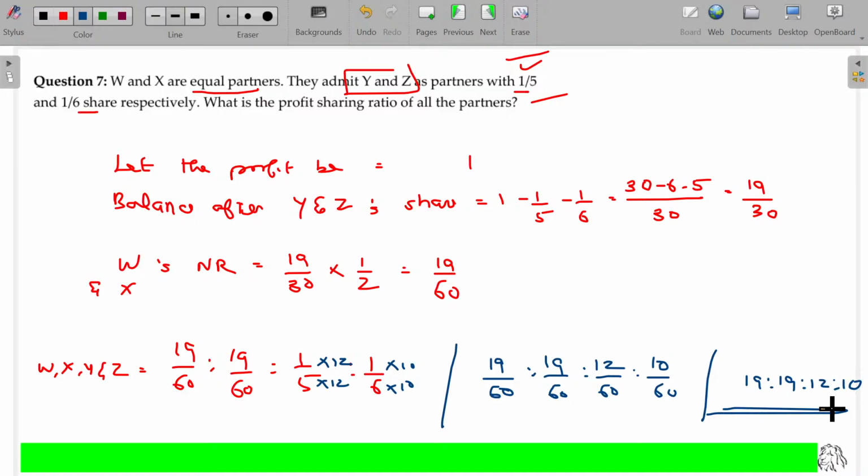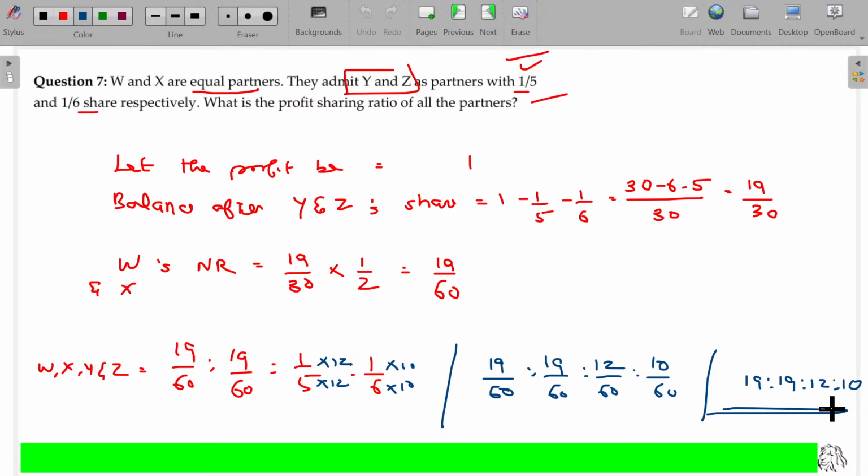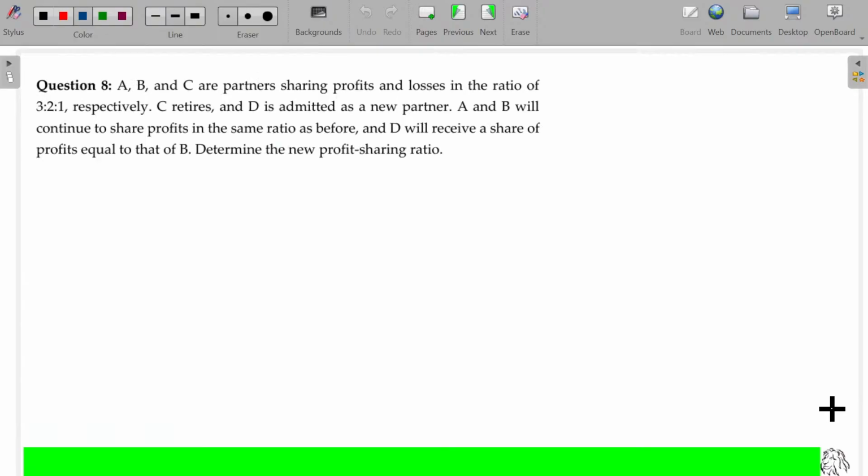Hope now you'll be able to understand all these things. So with that we have completed the ratios, and we'll move on to one more last illustration. With that we'll stop today's lecture. We'll continue the goodwill in the next class.